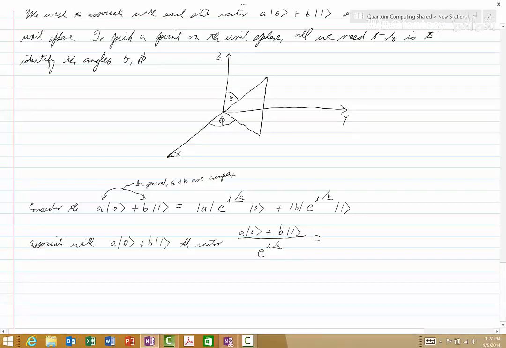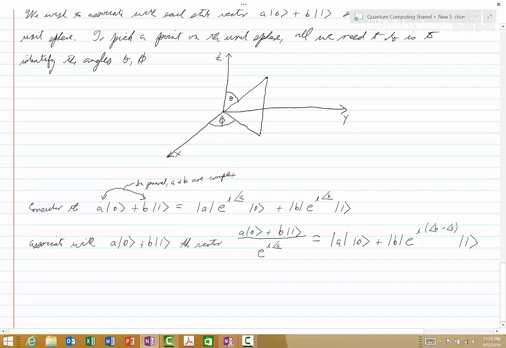If we divide this expression here by e to the I phase of A, then we will simply get A times the 0 ket plus the magnitude of B times e to the I phase of B minus phase of A times the 1 ket.